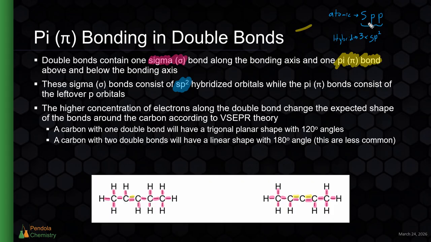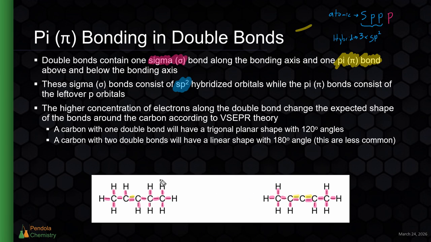Now, because that sp2 hybrid orbital only uses 2 of the p orbitals, and every valence shell has 3 p orbitals, that means not only do we have the 3 sp2 hybrid orbitals in a carbon, we also have a p orbital. And that p orbital is necessary because that p orbital is what forms our pi bond.